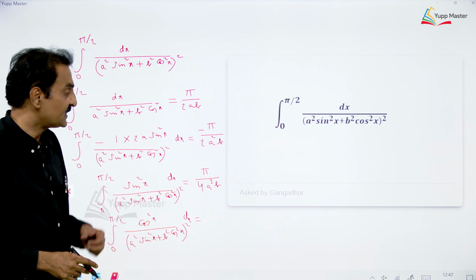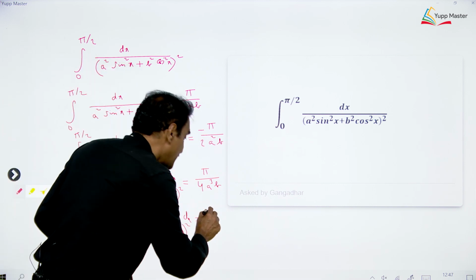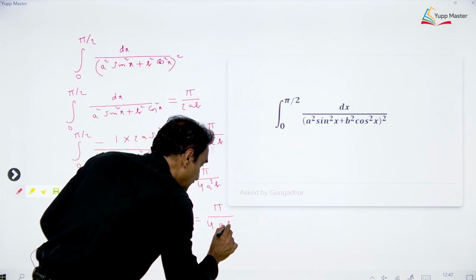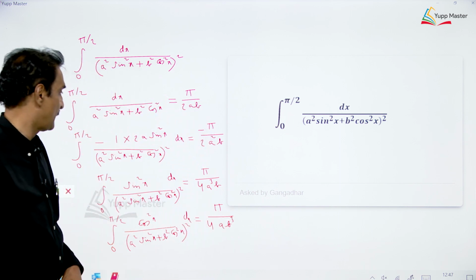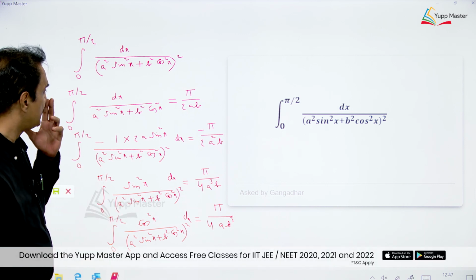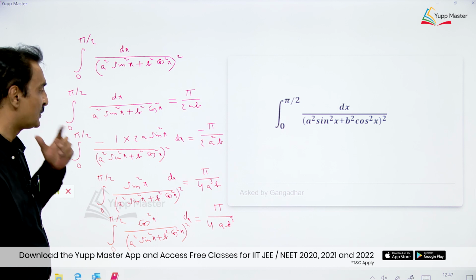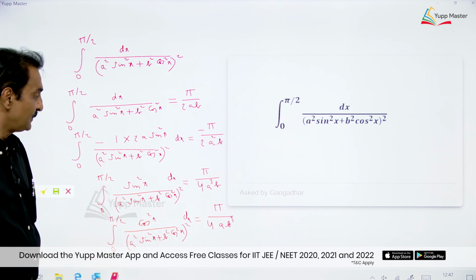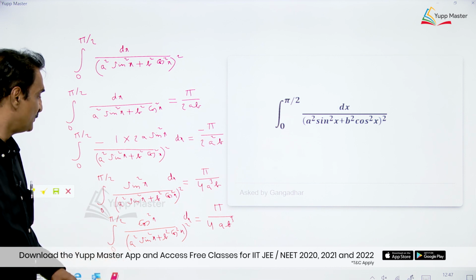What will you get in the RHS? You will get pi by 4 ab cube.